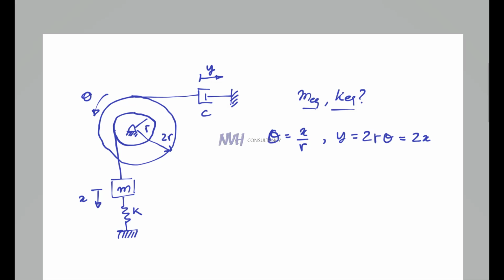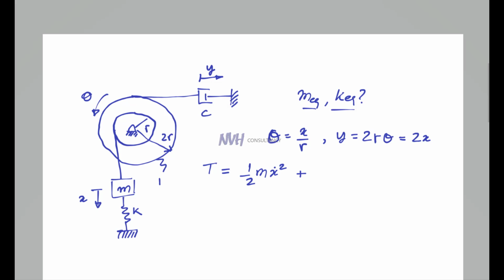Now let's find out the T, which is the kinetic energy of the system. So you know that kinetic energy is translational plus rotational. So the translational energy of this mass is half mv square, and v can be written as x dot, so half m x dot square, plus the rotational energy of this pulley.